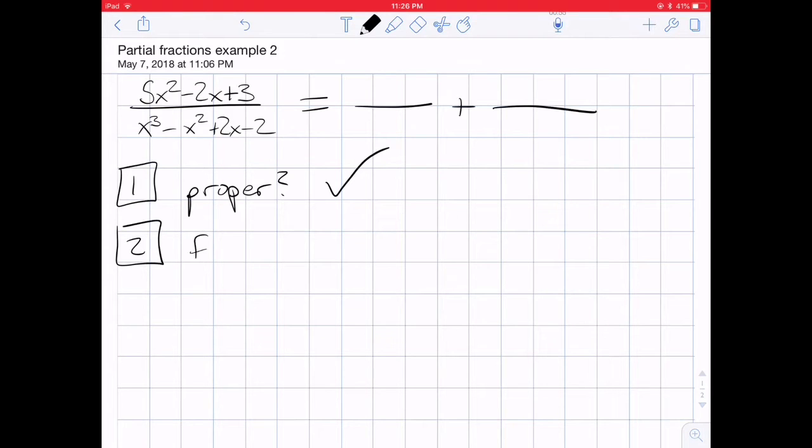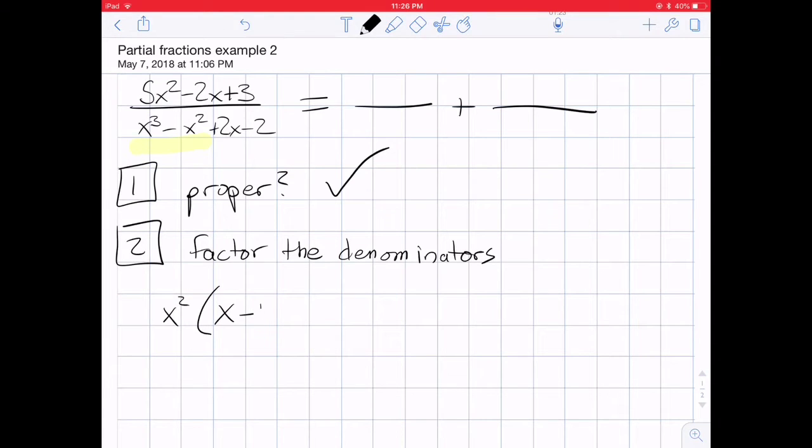Step 2 is to factor the denominator. That will let us come up with the fractions on the other side of the equal sign. In this case, the denominator will factor pretty nicely if we do some factoring by grouping. So I'm going to look at the first two terms, and I'm going to pull out an x squared.